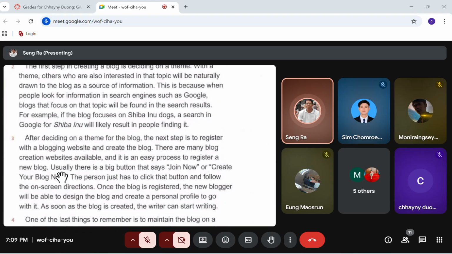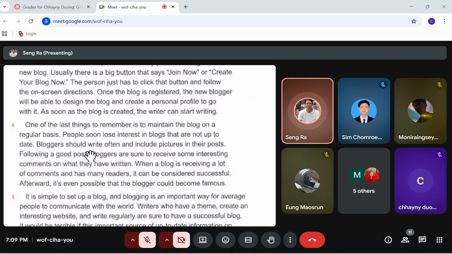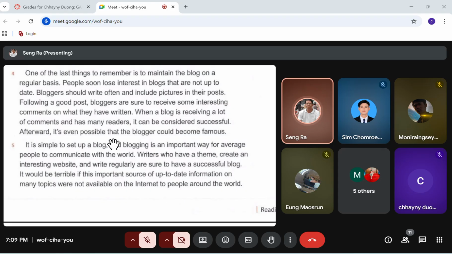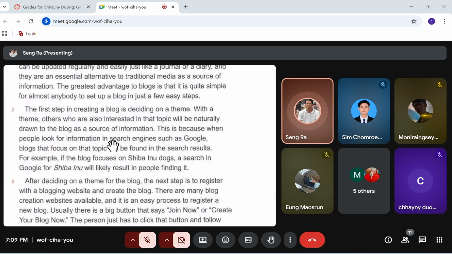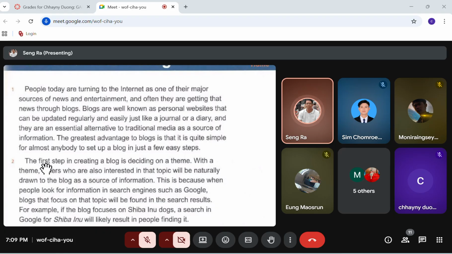And in the third paragraph, you have the second body paragraph. And in the fourth paragraph, you have the third body paragraph. And then finally, you have the concluding paragraph, of course. A common type of essay. You can see, 1, 2, 3, 4, 5.